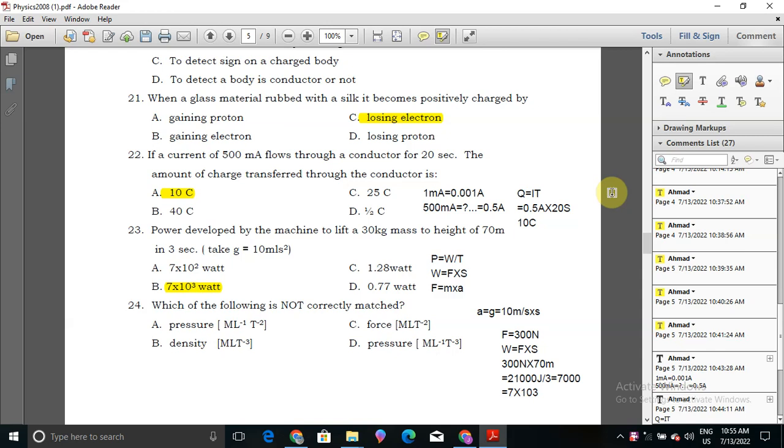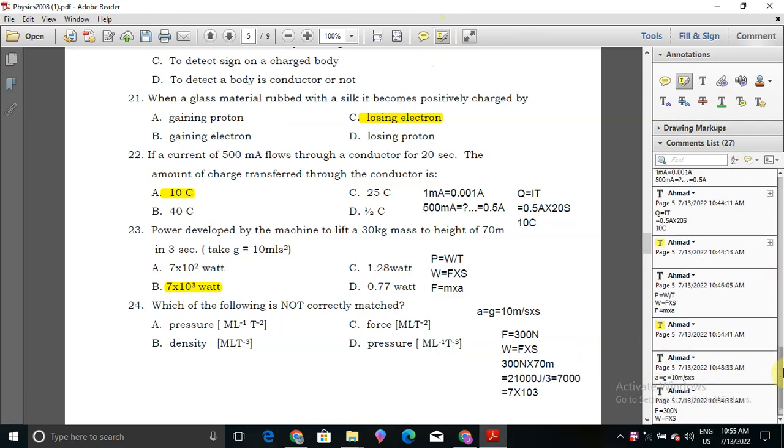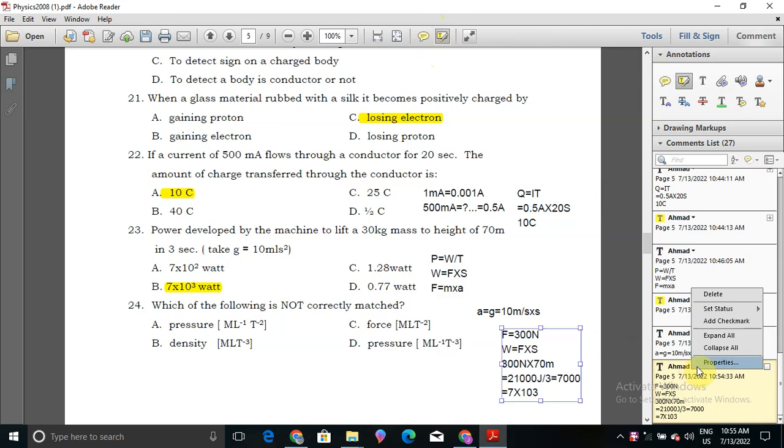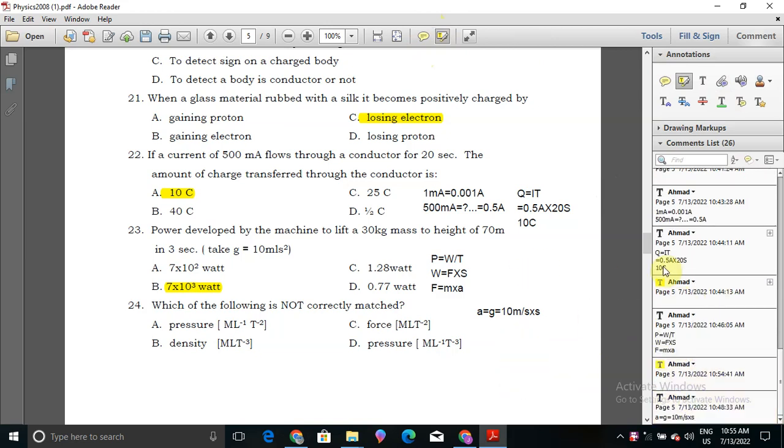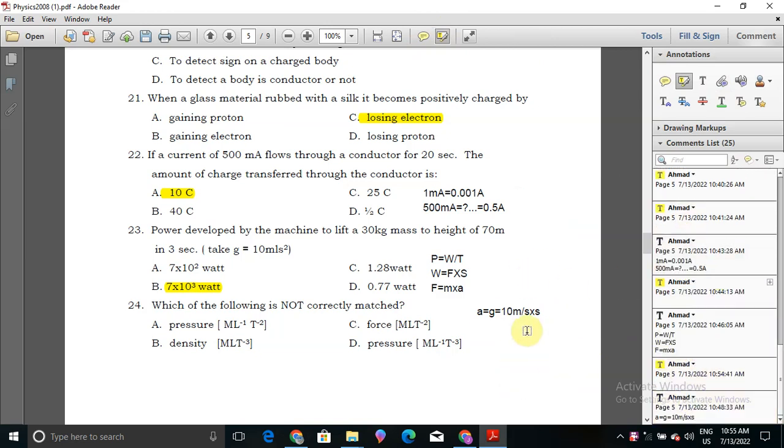Or which one will be the wrong one? ML to the power of -1 times T to the power of -2, or pressure, which is ML to the power of negative 1 times T to the power of negative 3. First of all, let's see the units or the formula of pressure.